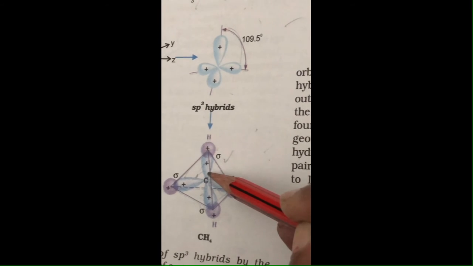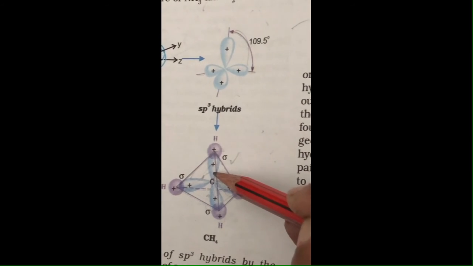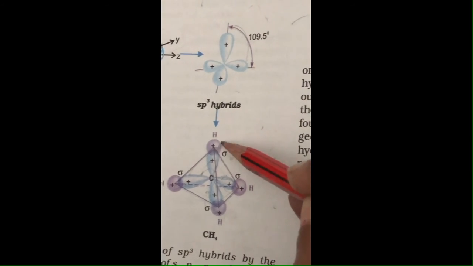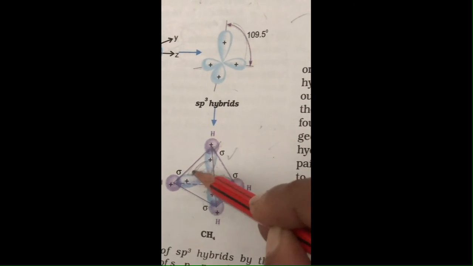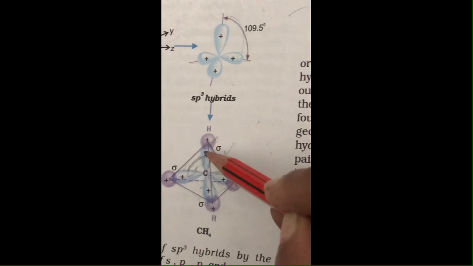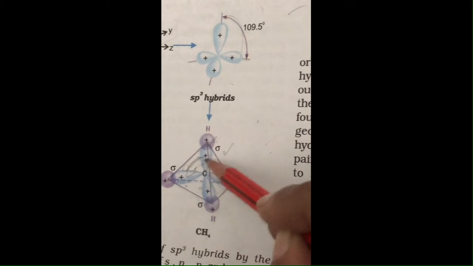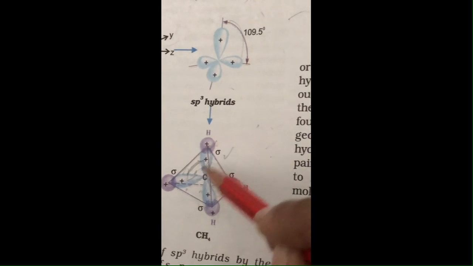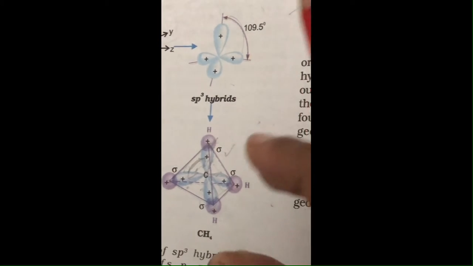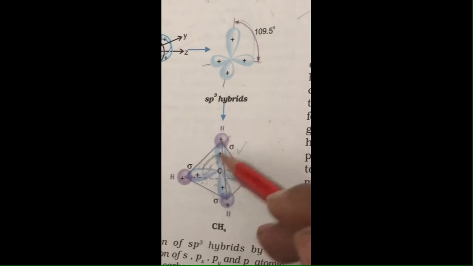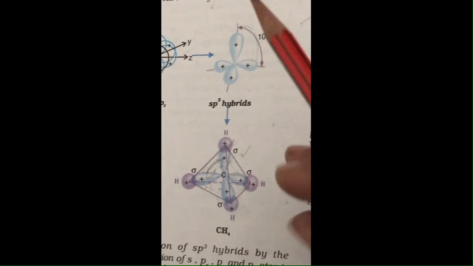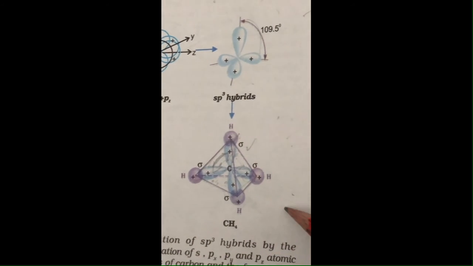And each orbital is pointing at a corner of the tetrahedron to have minimum repulsions, all at maximum distance from each other. We have to place them at maximum distant places from each other. So corners of the tetrahedron are the maximum distance for these orbitals to have the tetrahedral geometry.